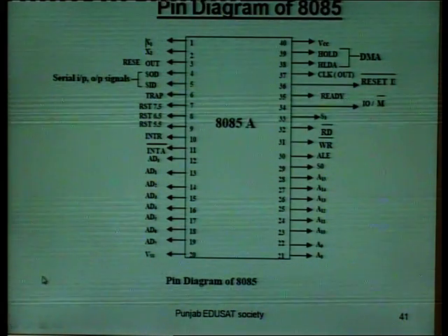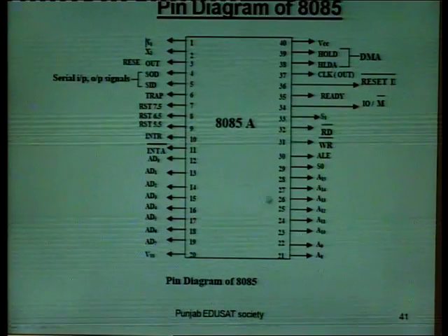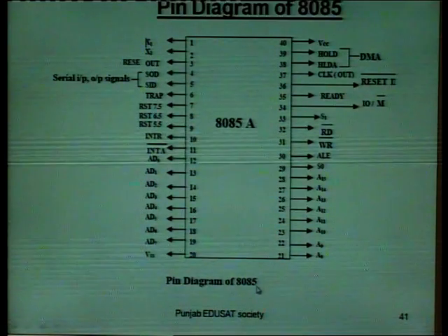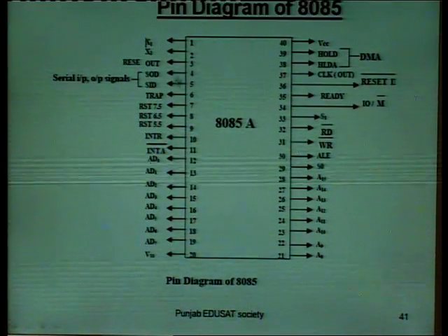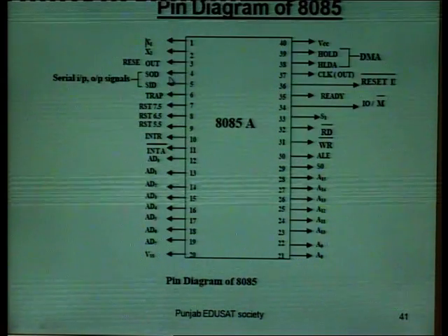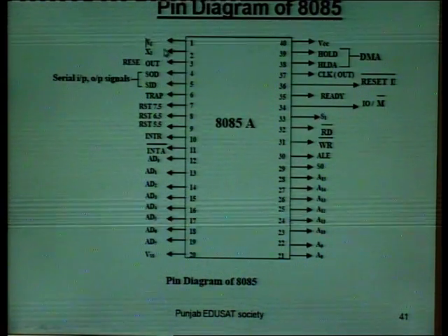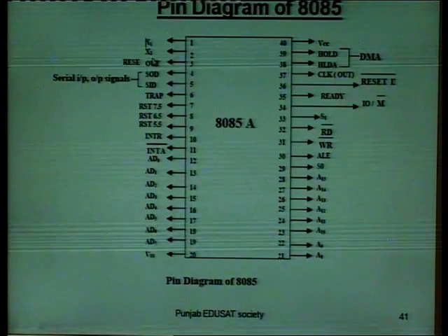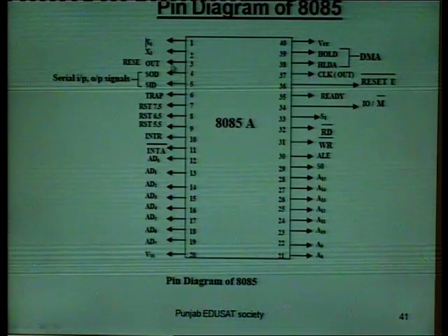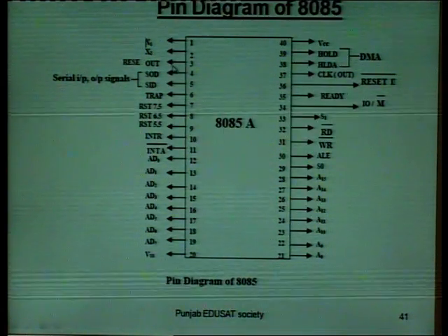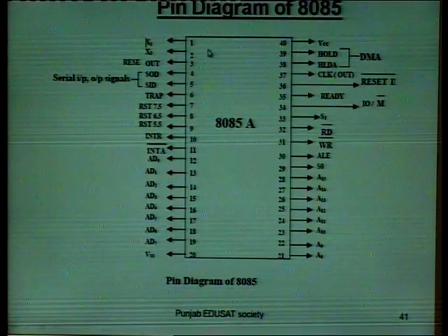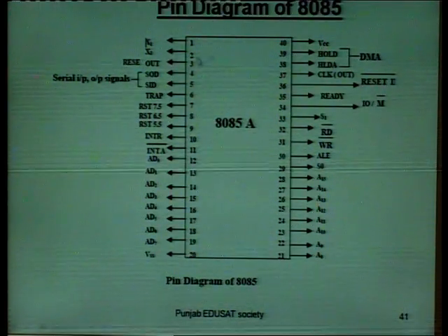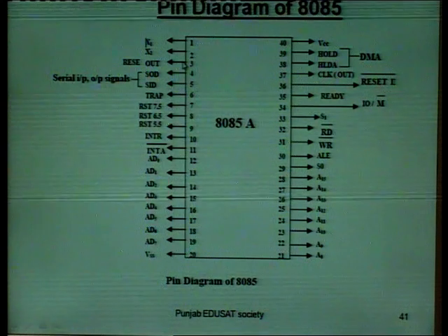Then we have pin diagram of 8085. 8085 has 40 pins. First of all, we have X1 and X2. These are the terminals connected to an external crystal, LC or RC oscillator.